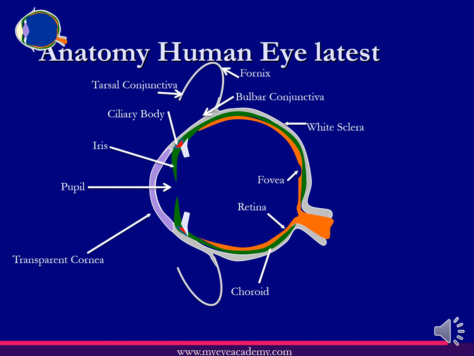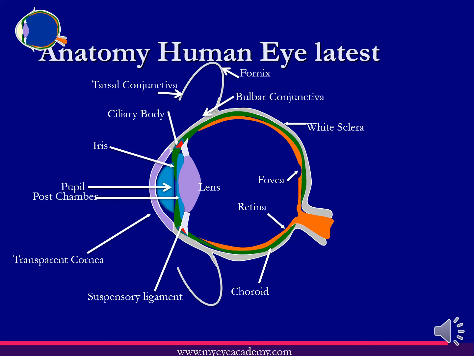Attached to the ciliary body are suspensory ligaments, and from the suspensory ligaments the lens is suspended. Suspensory ligaments can change the shape of the lens for accommodation, to see for the far and the near. The part of the eye behind the iris is called posterior chamber, while the part of the eye in front of the iris is called anterior chamber.